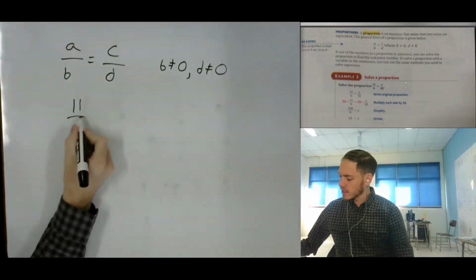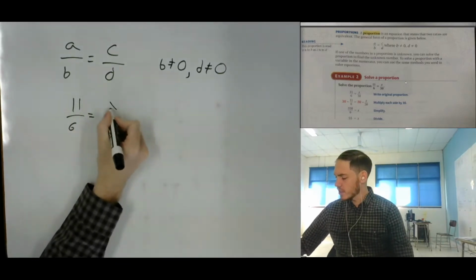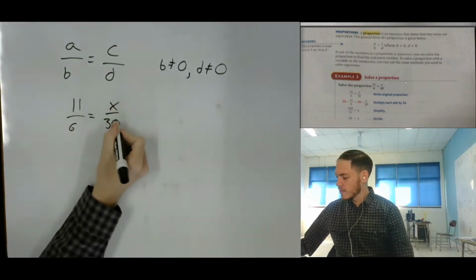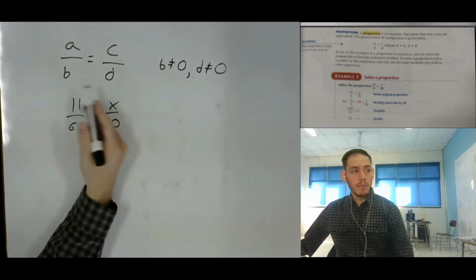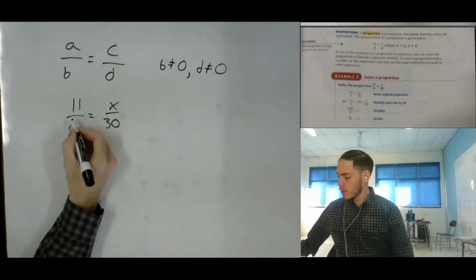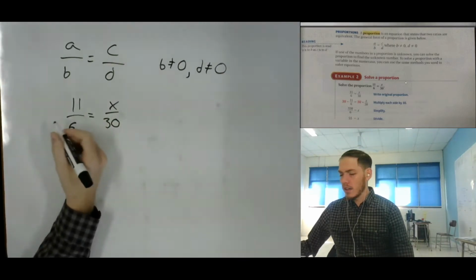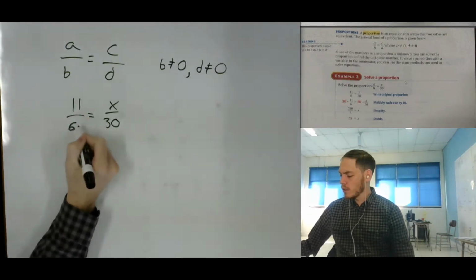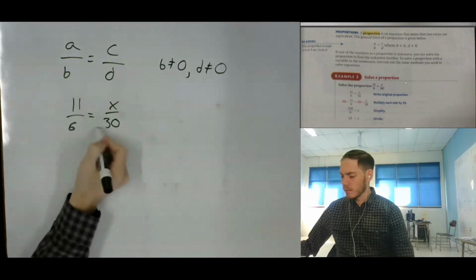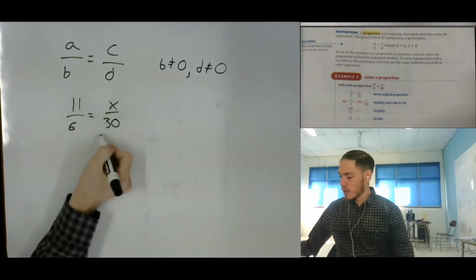So, 11 over 6, we have a ratio. Solve the proportion: 11 over 6 equals x over 30. Now for the solution here, you have two possibilities. You may have learned another method, but we'll talk about one today, and hopefully in the next video we'll talk about the second one. The way we do this one is we look at the denominators and find the least common denominator, which would be 30.